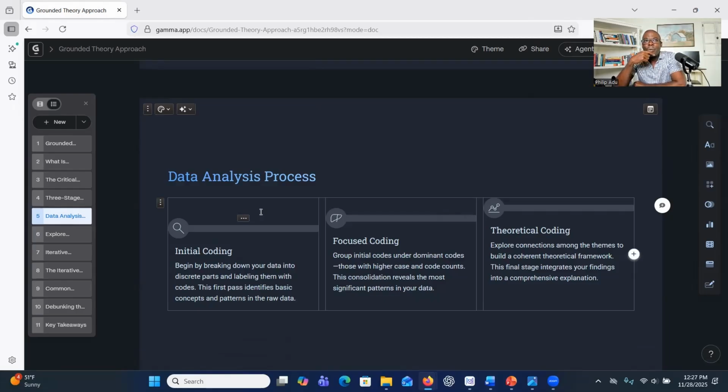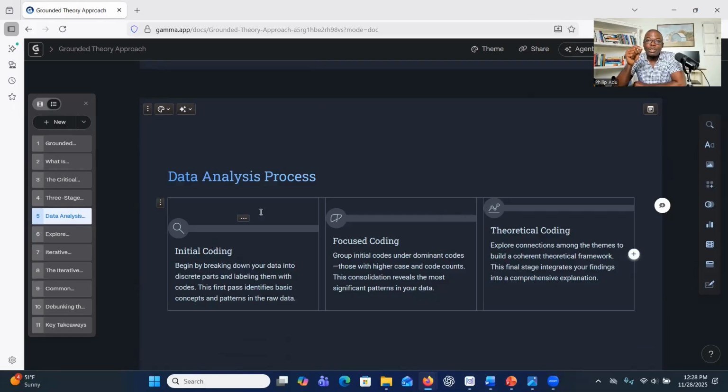And initial coding is where you go through each sentence, we call it line by line coding, go through each of the participants' information and then extract information that is significant based on your research question or based on the phenomenon that you want to explain.